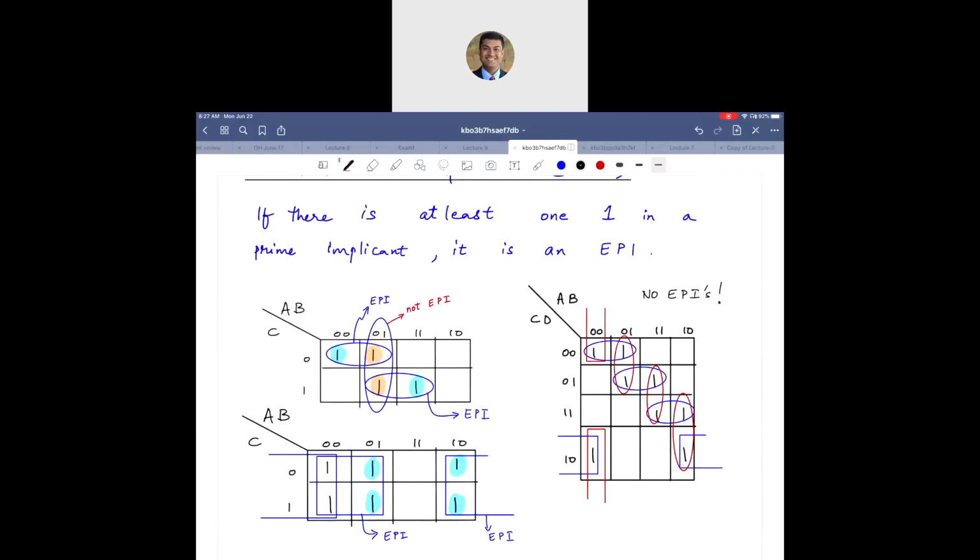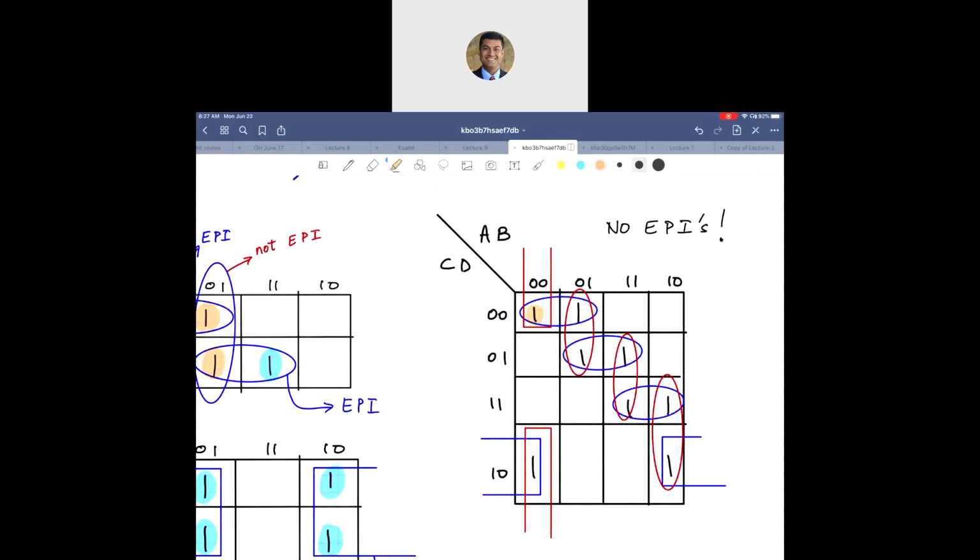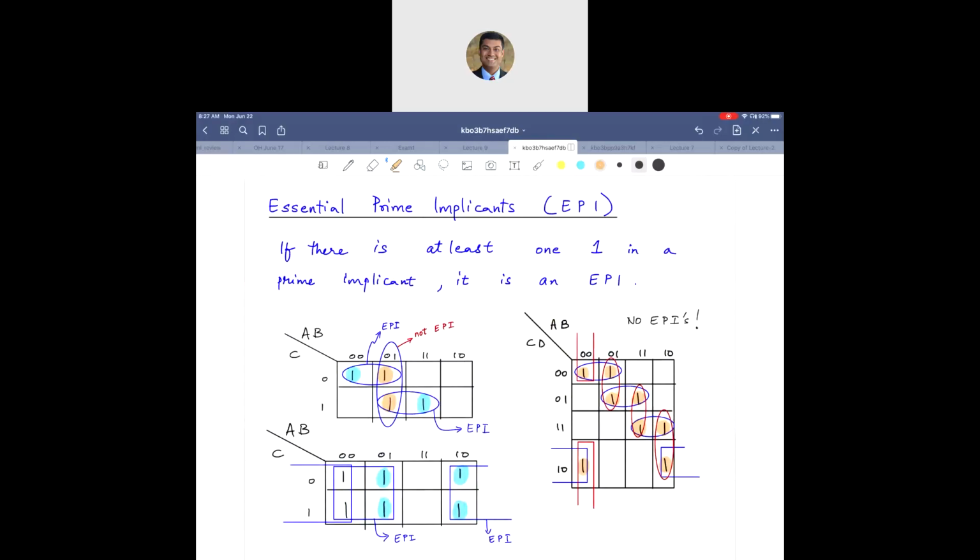Well, let me do the color coding here. Color coding is all of this, right? Two groups, two groups, two groups, two groups, two groups. So that's how we identify prime implicants and essential prime implicants.